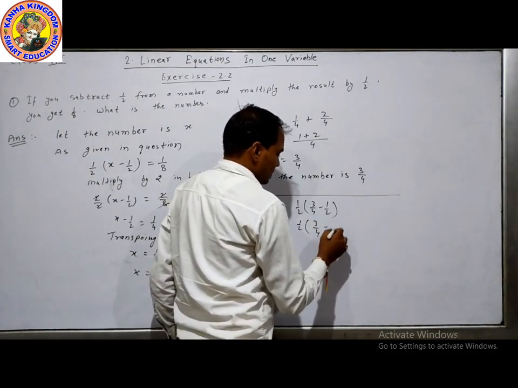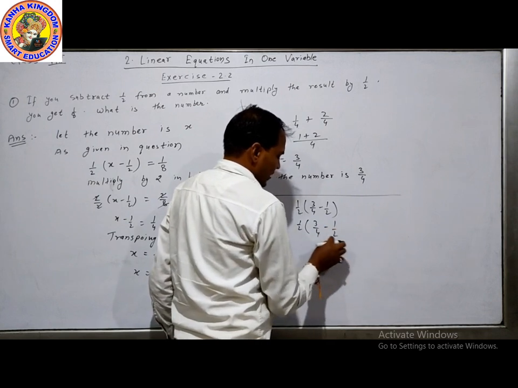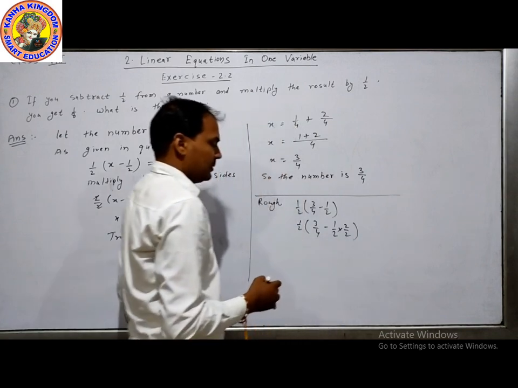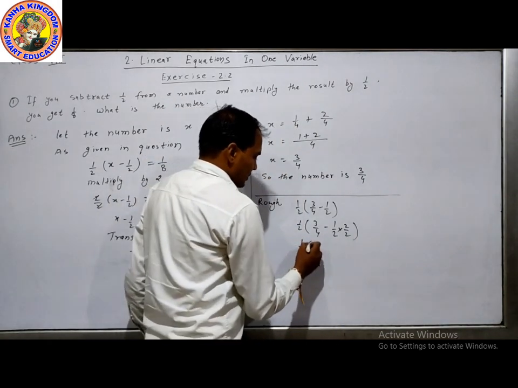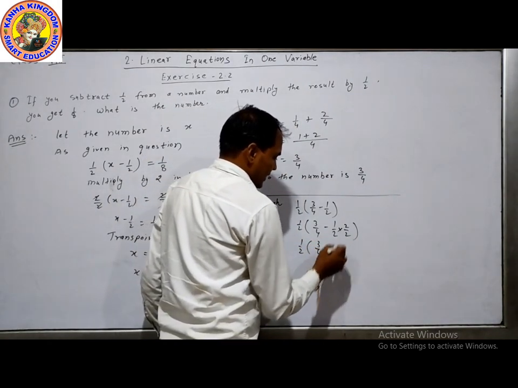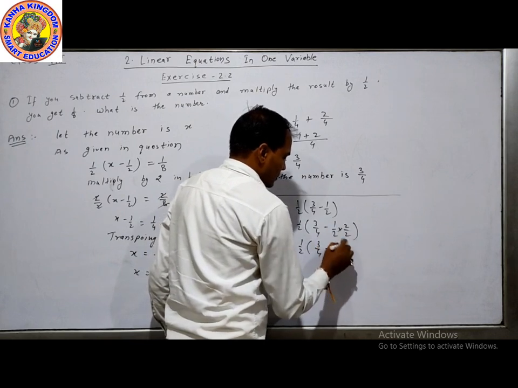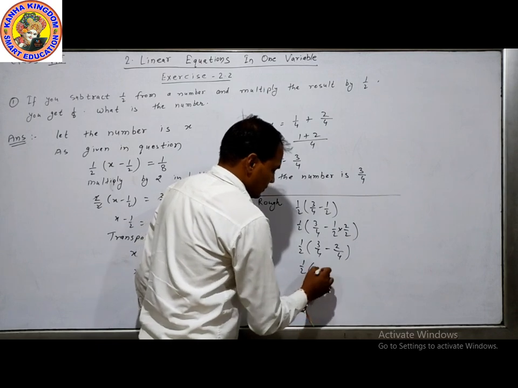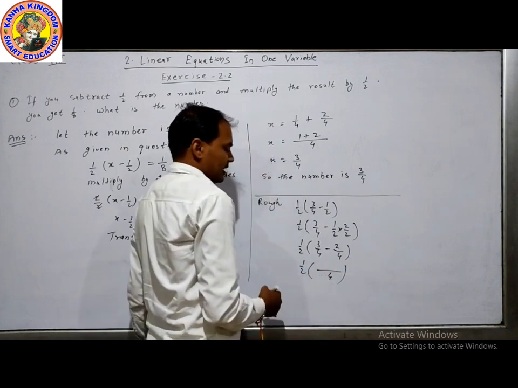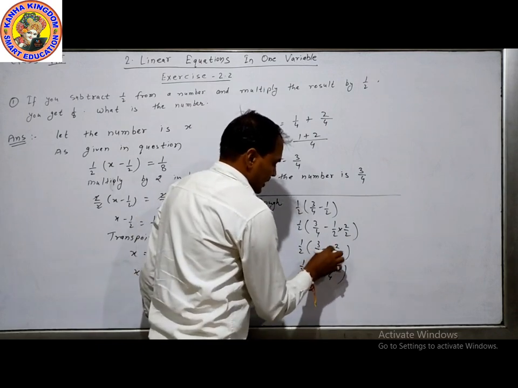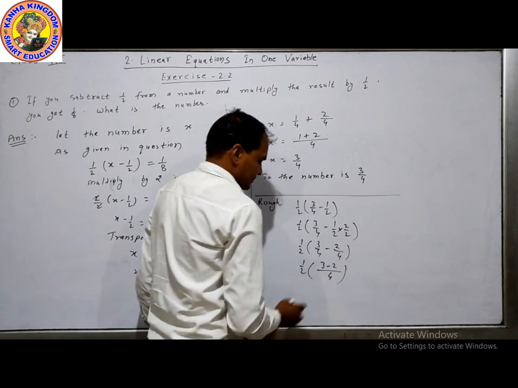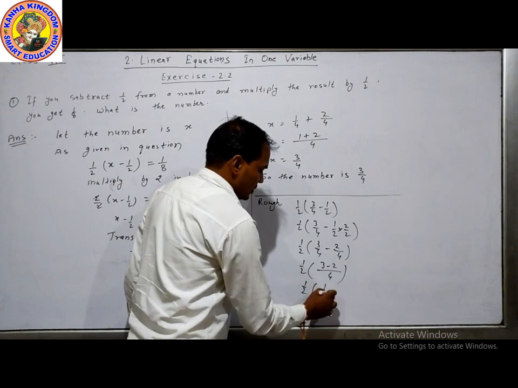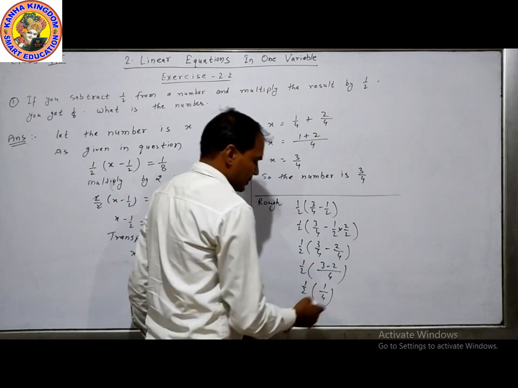We have to make the denominators equal, so multiply by 2. 3 by 4 minus 1 into 2 over 2 into 2, 4. The denominator is equal, then 4, 3 minus 2. 3 minus 2 is 1, so 1 by 4.